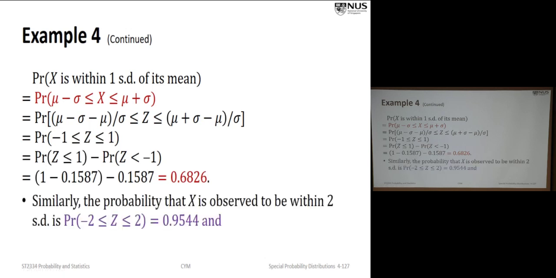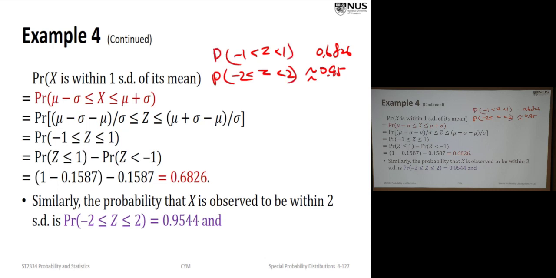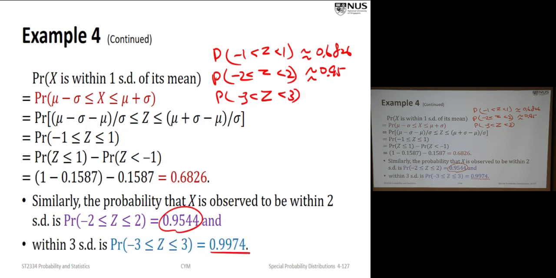And these are very common. Z between one standard deviation is about 0.6826. Between 2 is roughly about 0.955 probability. And how about 3? For 3, it is 0.9974. So it's quite big.